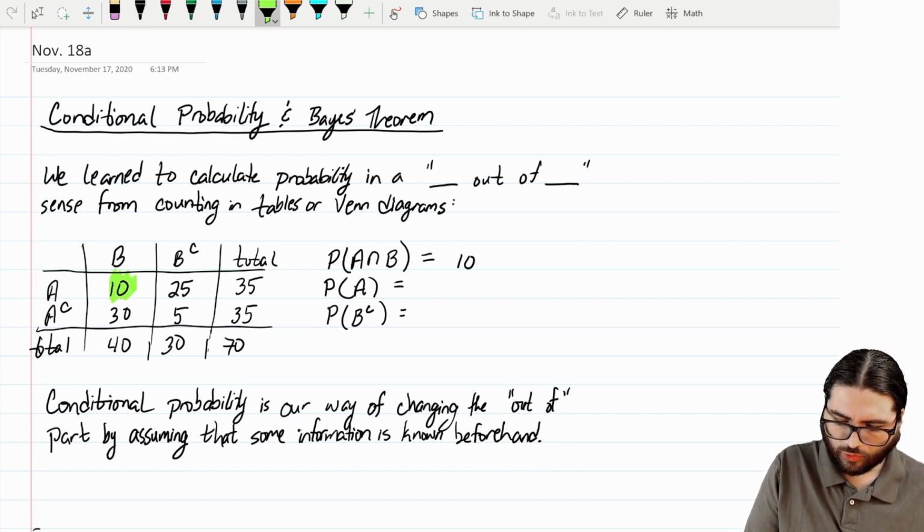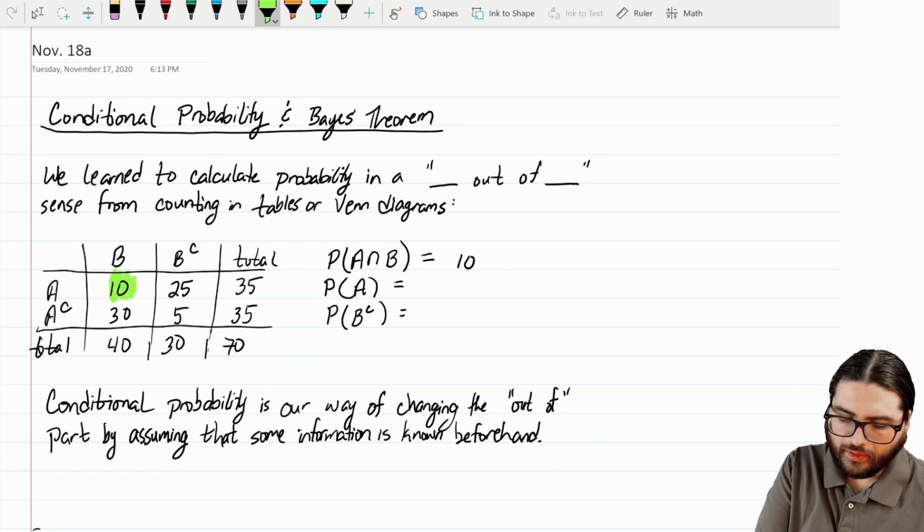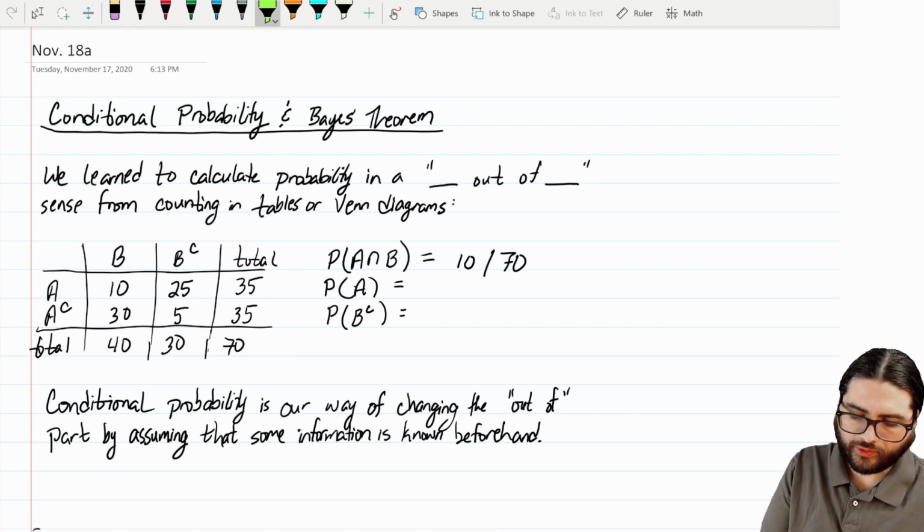That's the group here in both A and B. And how many is that out of? That is out of a total of 70, the grand total down here at the bottom. 10 out of 70 gives me a probability of 1 over 7 if I reduce that fraction.